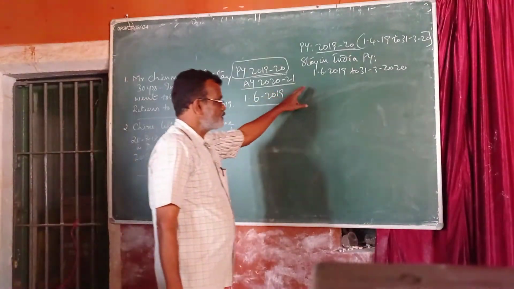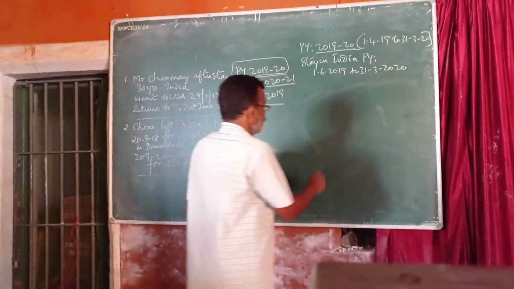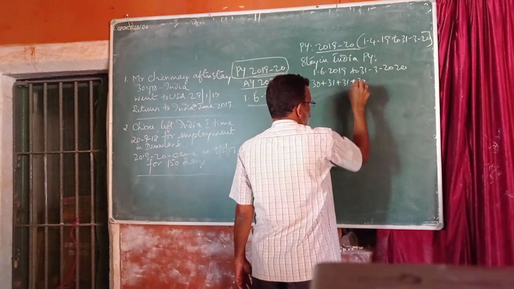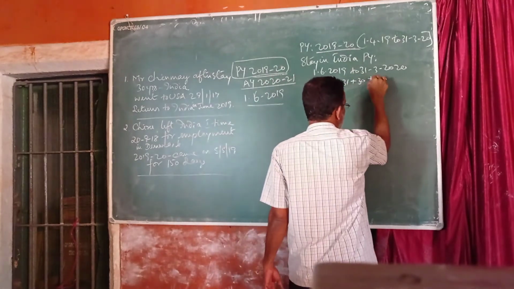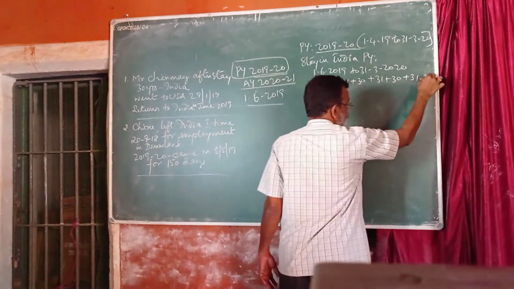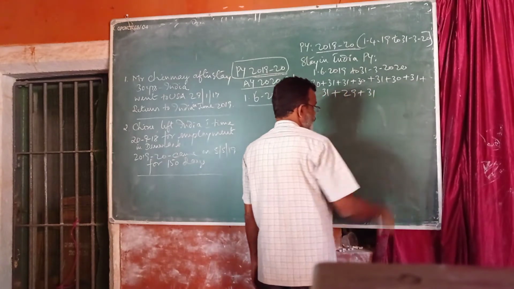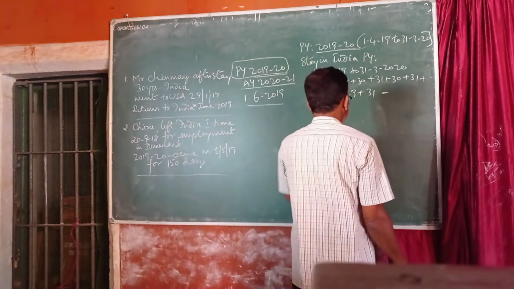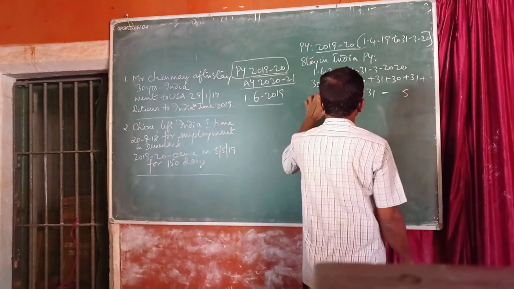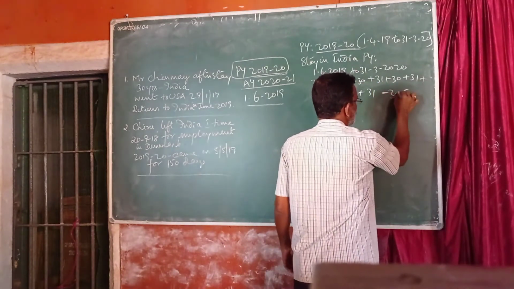That is from 1st June 2019 to 31st March 2020. That means June 30, July 31, August 31, September 30, October 31, November 30, December 31, January 31, February 29, and March 31. So totally how many days? 305 days.